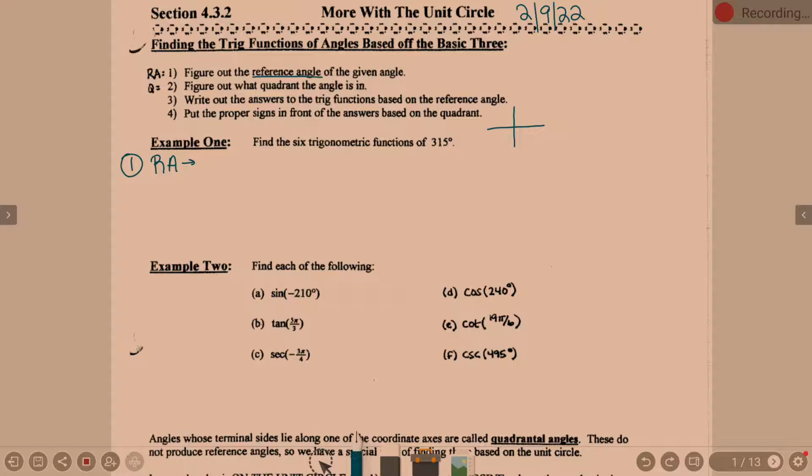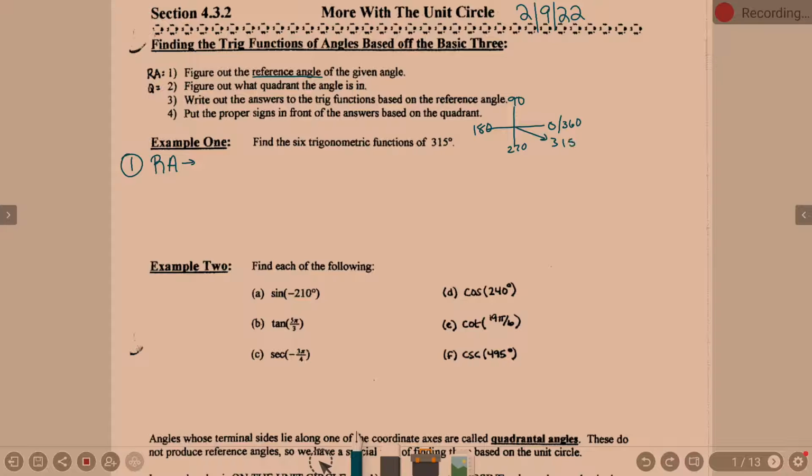Because we know that this is 0, 90, 180, 270, 360. So where does 315 have to be? In between 270 and 360. 315 is somewhere in there.